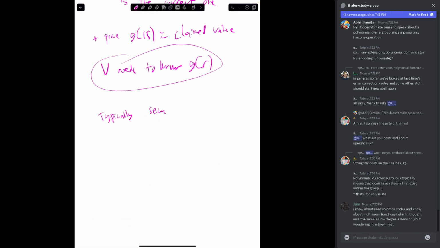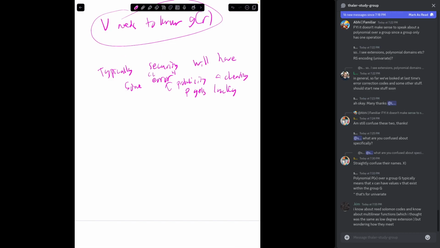the security of your snark will have some error term, which is either the probability a cheating prover gets lucky and finds a convincing proof of a false statement, or the amount of work the cheating prover needs to do to, with high probability, find a convincing proof of a false statement.